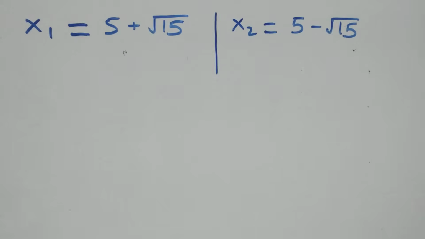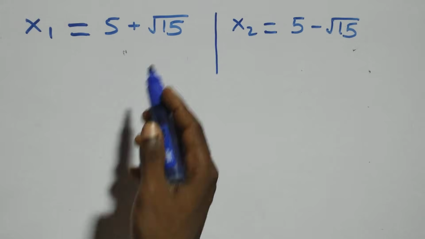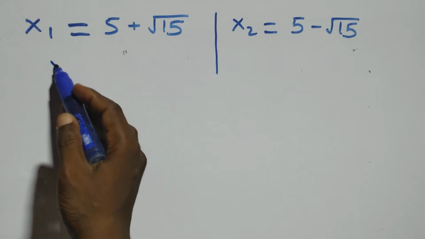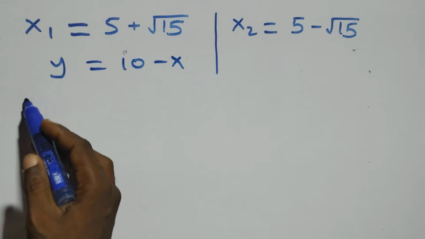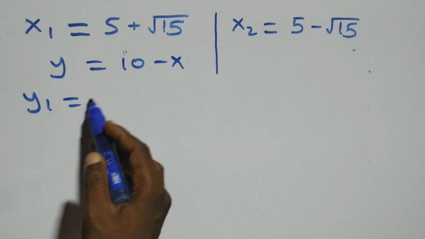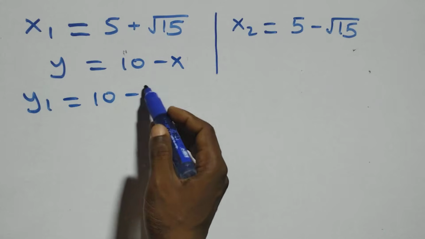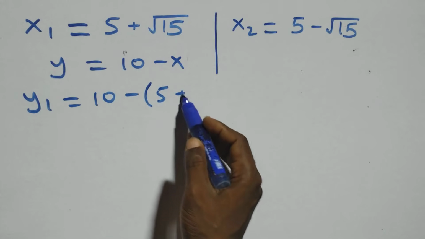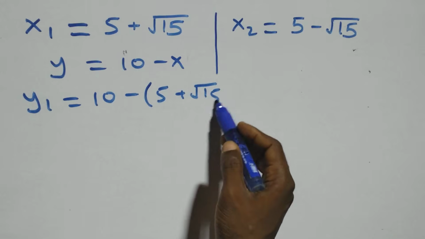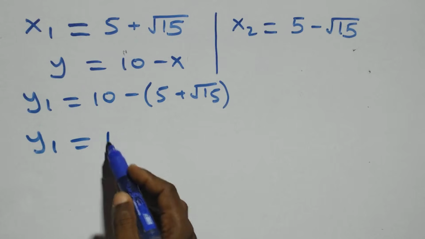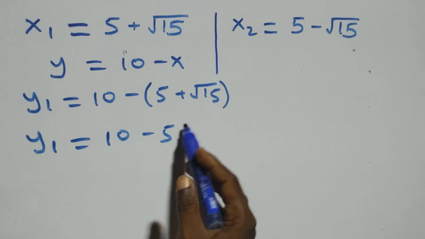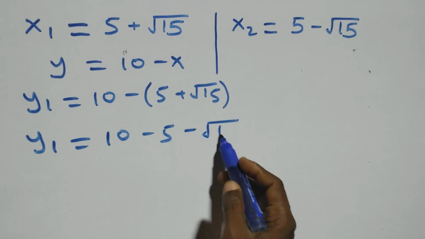Then, to calculate the value of y from the relation y equals 10 minus x, we have y1 equals 10 minus x1, which is 5 plus root 15. That is, minus, opening this bracket, y1 equals 10 minus 5 minus root 15.